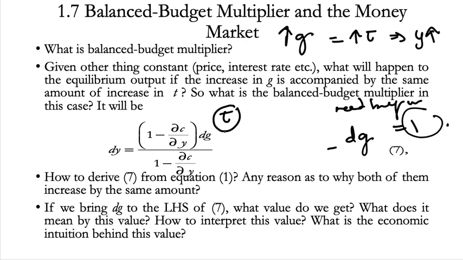So that after we derive balanced budget multiplier, when we have money market, we can always compare with 7. We want to compare with 7, so we must have certain base or assumption which is the same, and in this case we want to have a lump sum tax. All right, so I hope this is very clear.